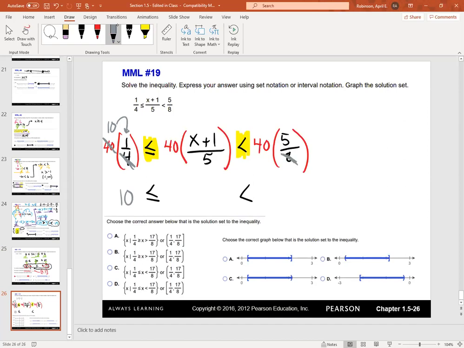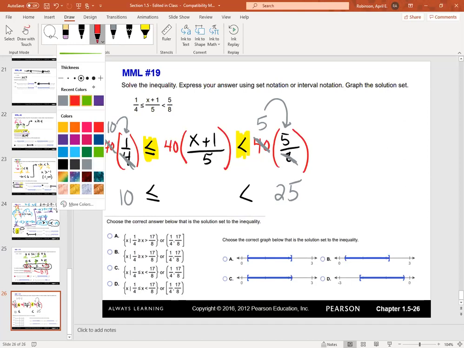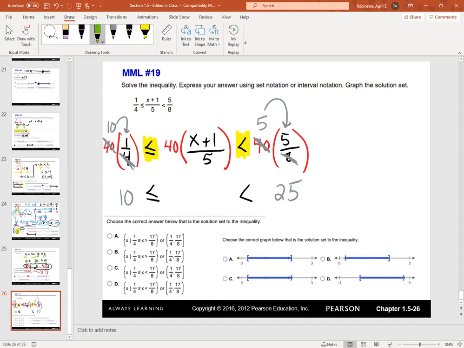This 8 will cancel into this 40 5 times, and then 5 times that 5 makes this a 25. Now, the middle. This 5 is going to cancel into this 40 8 times, but I have to then distribute the 8 to both the x and the plus 1.